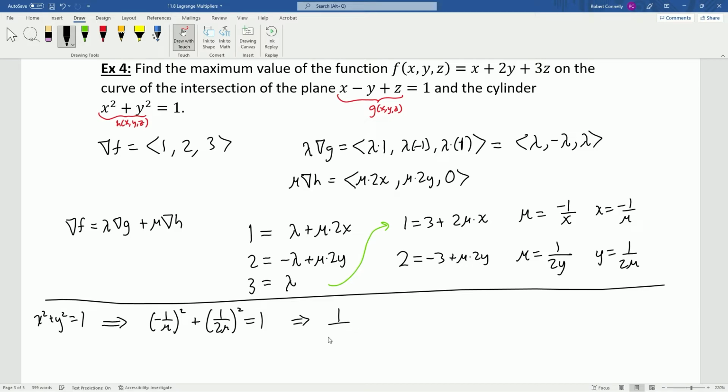This gives me 1 over mu squared plus 1 over 4 mu squared equals 1. So if I multiply this by 4 over 4, I get 5 over 4 mu squared equals 1. Multiply mu squared across, I get 5 over 4. And take the square root, that gives me mu equals plus or minus the square root of 5 over 2.